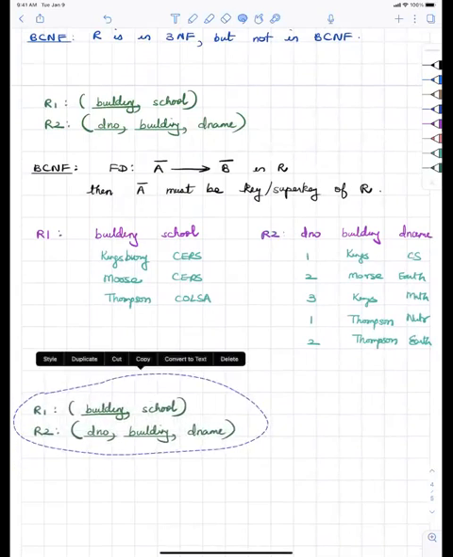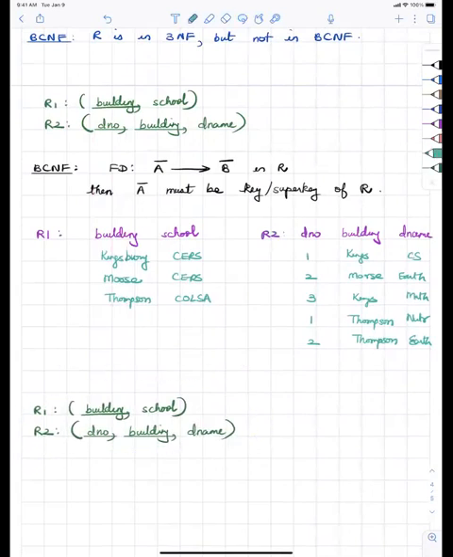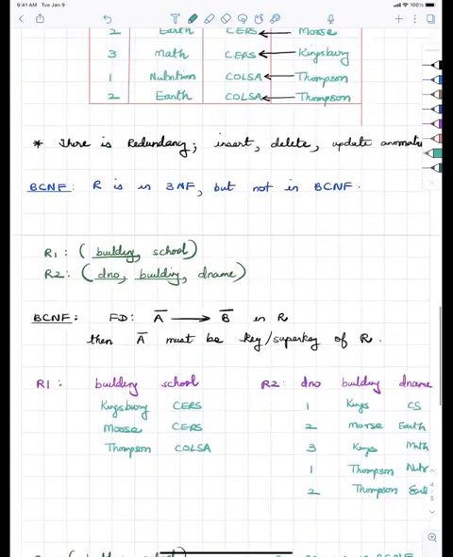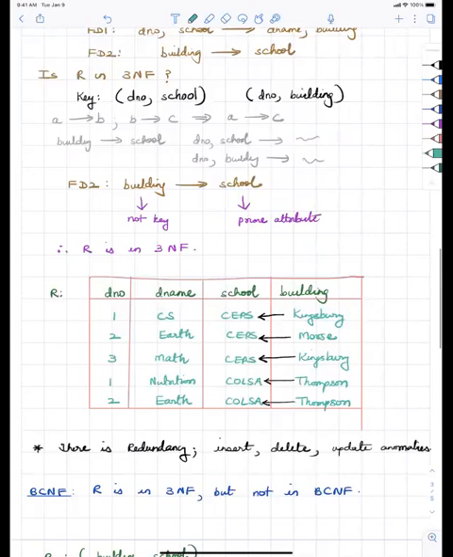We divided it into R1 (building, school) and R2 (D number, D name). And like I said, R1 and R2 are in Boyce Codd normal form, and R is equal to R1 join R2. So all of this is really good, but remember this functional dependency that we had earlier?